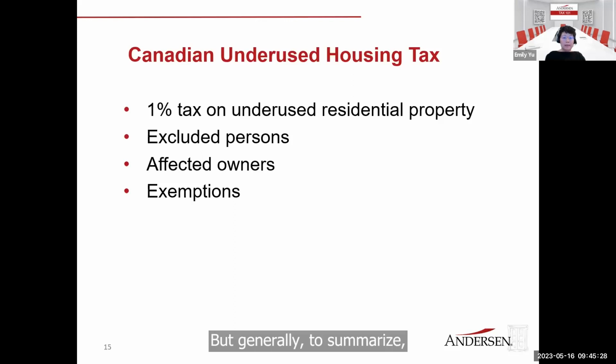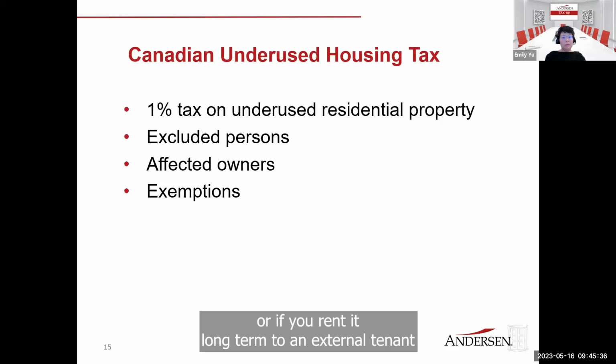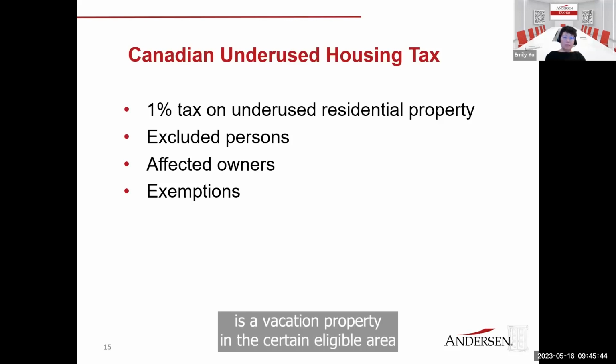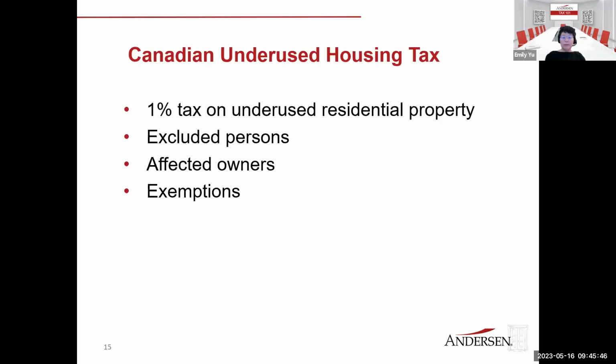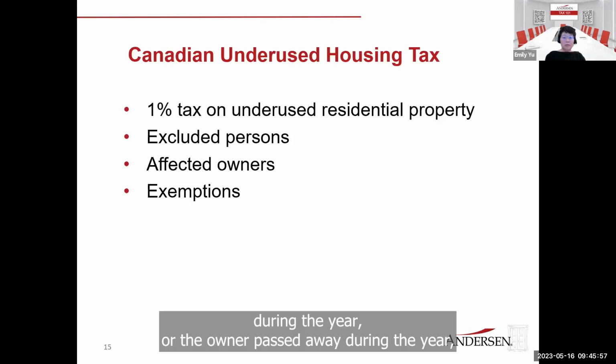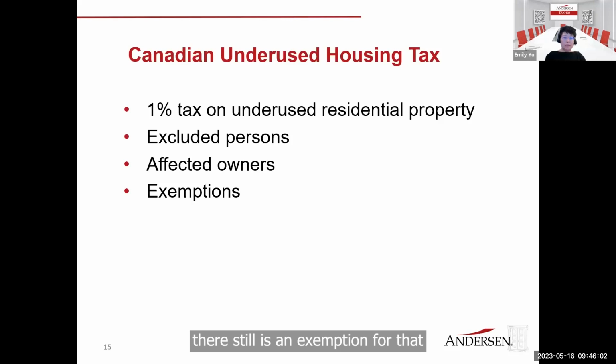But generally, to summarize, if you use this property as a principal residence, or if you rent it long term to an external tenant, or if it's a vacation property in a certain eligible area, and you use it at least 28 days during the year, or it is newly constructed or purchased during the year, or the owner passed away during the year, there's also an exemption for that, or if the property is rendered uninhabitable.